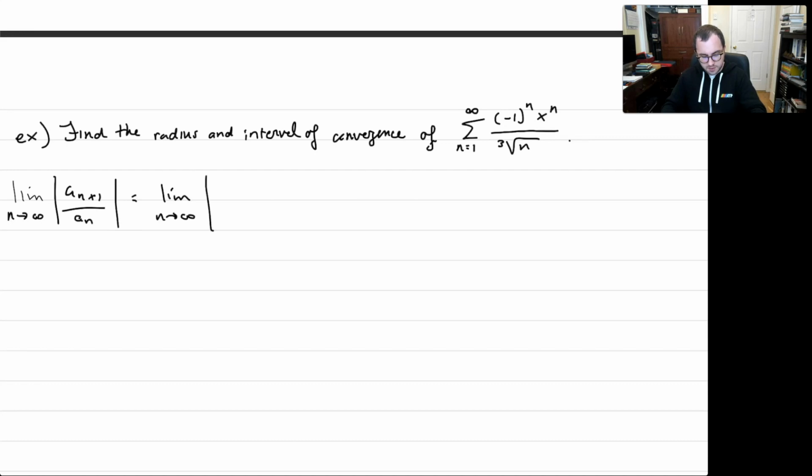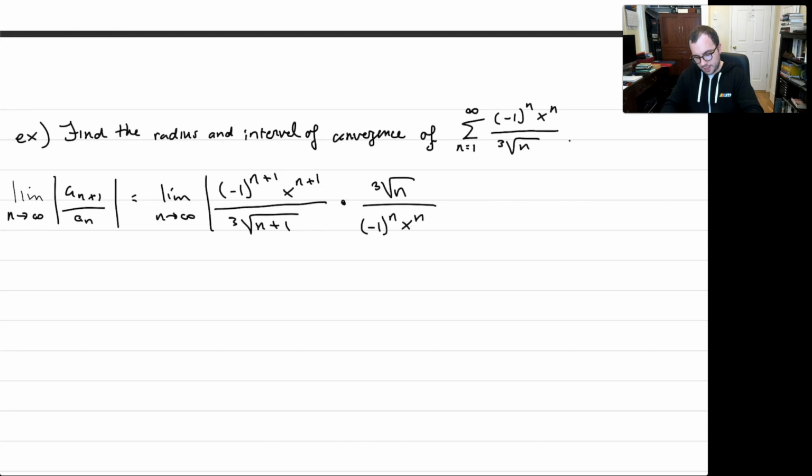So the n plus first term, negative 1 to the n plus 1, x to the n plus 1 over the cubed root of n plus 1, times the reciprocal, negative 1 to the n, x to the n. Beautiful. Let's simplify this a bit. We're going to be able to cancel this x to the n.